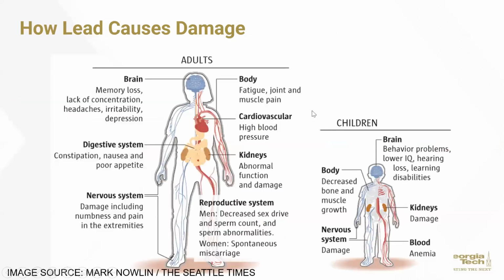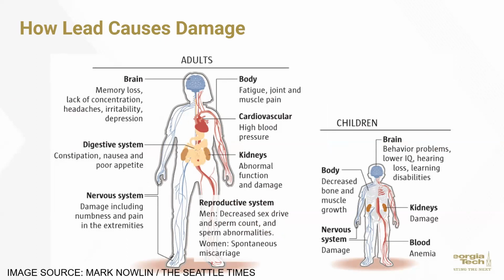So Vicki already covered the variety of different ways that lead can cause damage to the body in both adults and in children. But just to reiterate, lead should never be in the body, so any lead exposure can cause harm. And in adults, it can cause a variety of effects to the brain, the digestive system, the nervous system, the reproductive system, the kidneys, and the cardiovascular system.